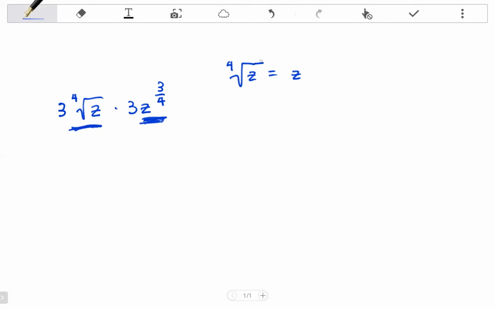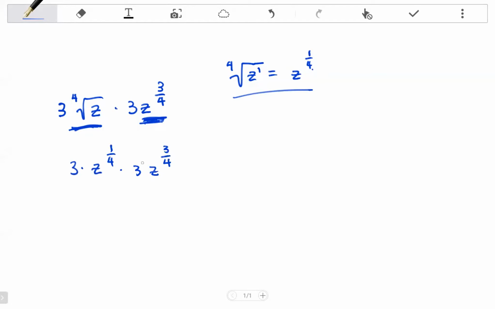Nobody? 1/4. 1/4, correct. Remember, there's an invisible 1 here. We don't really write the 1, and the 4 goes to the denominator and the numerator is 1. So z to the 1/4. This is equivalent. So if we rewrite this expression, we can write this as 3 times z to the 1/4 times 3 times z to the 3/4.